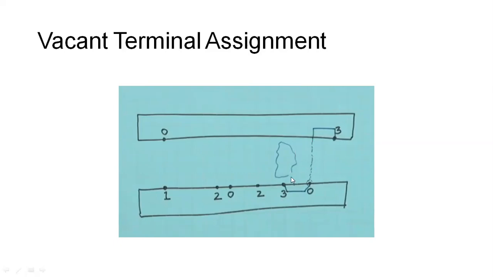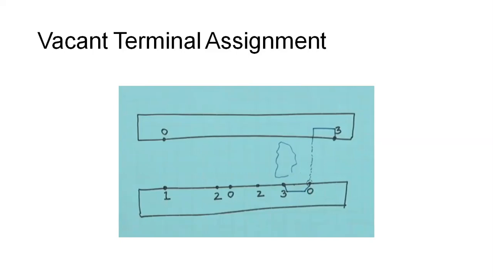Otherwise, you'll be running like this and doing this, unnecessarily adding one more track. So you are moving it out, taking a vacant cell, and from there you can do another over the cell routing.